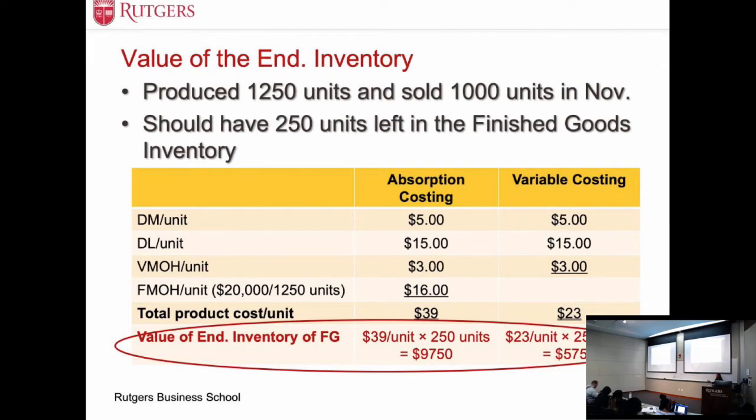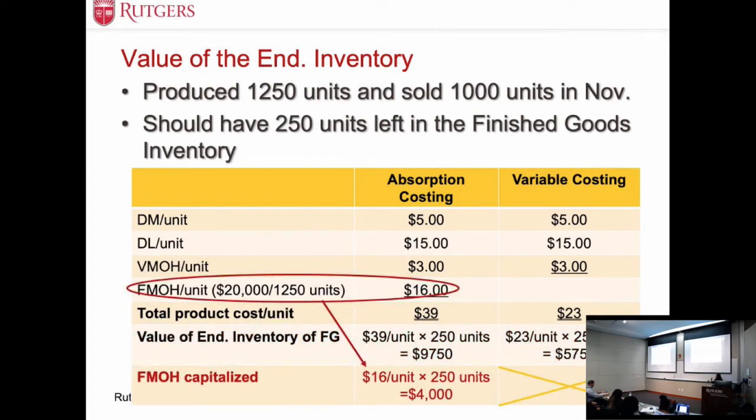So the value of the ending balance is 9,750. But under the variable costing, it's just 23 by 250, which is 5,750. So that's the value of the ending inventory.